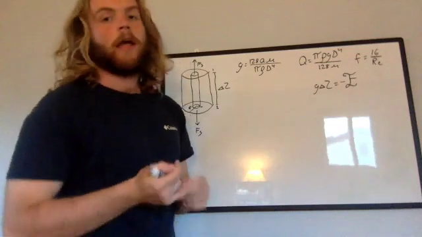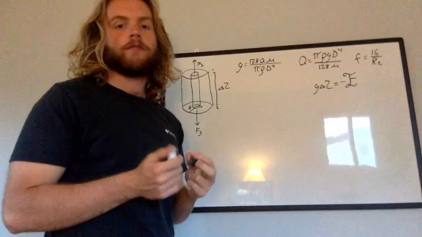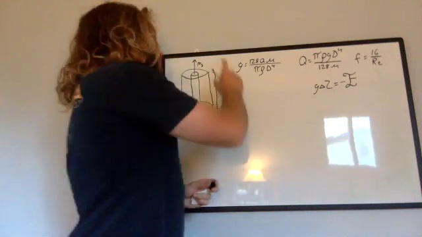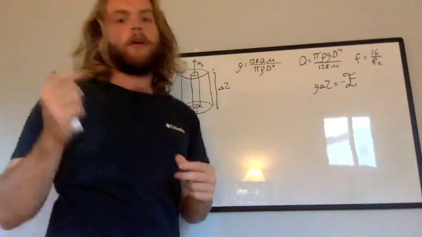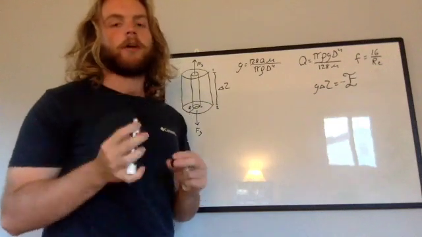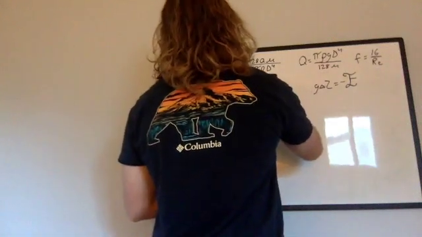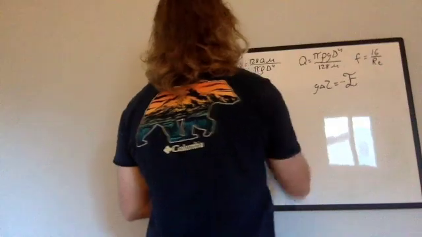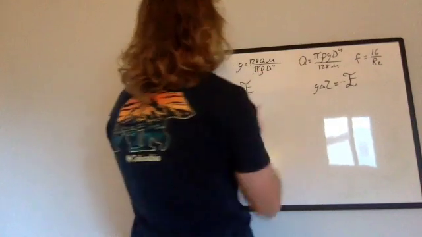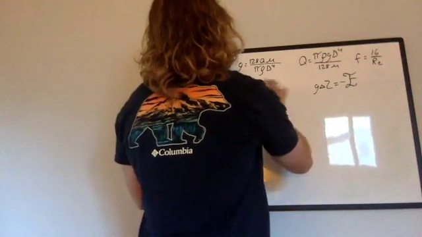Now we're going to need to come up with an expression for our fanning friction factor over here. We know that that is going to be equal to 4 times the fanning friction factor, multiplied by our change in height over the diameter, and that is going to be multiplied by the velocity squared over 2. I tried my best to do the fancy F on the fly, didn't work out too well.